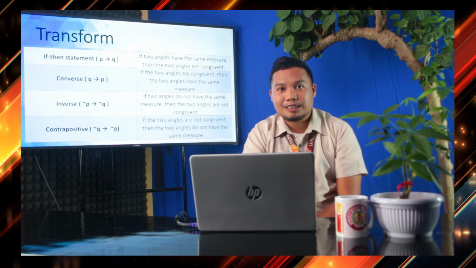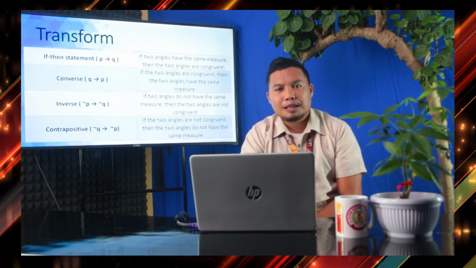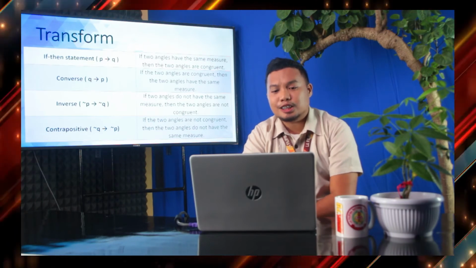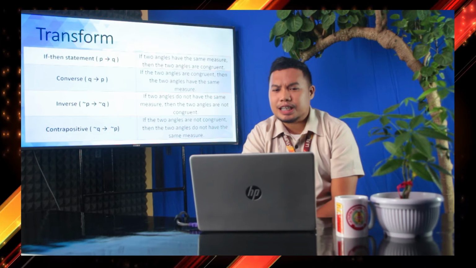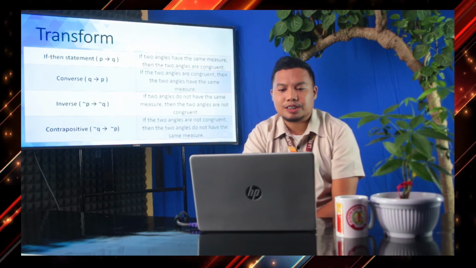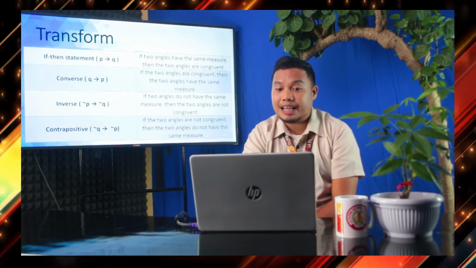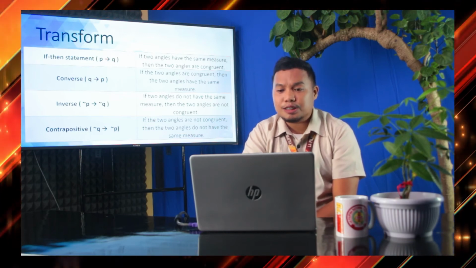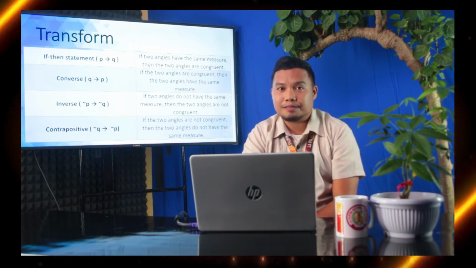For the inverse, that is not P implies not Q. So that would be: if two angles do not have the same measure, then the two angles are not congruent.